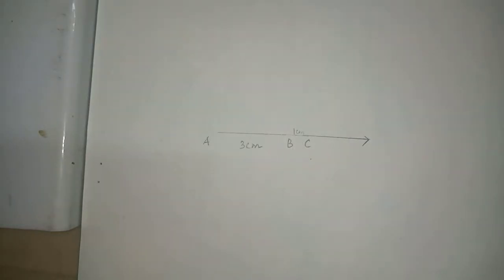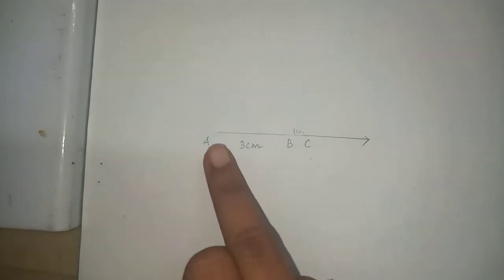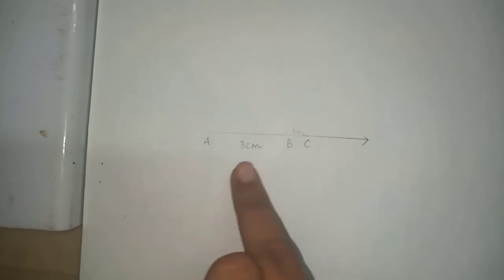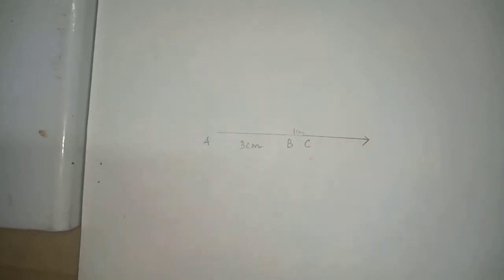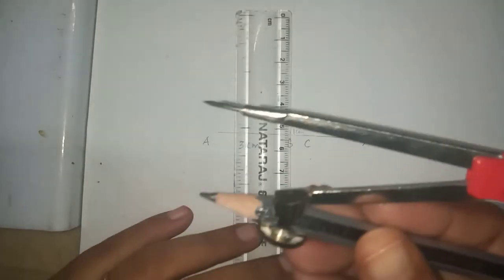So how to draw a perpendicular bisector means you have to take more than half of the measurement. So here the measurement is 3 plus 1 is 4. So half of 4 is 2. So you have to take more than half of the measurement. So we can take 2.5, 3 or 3.5. So take a compass.